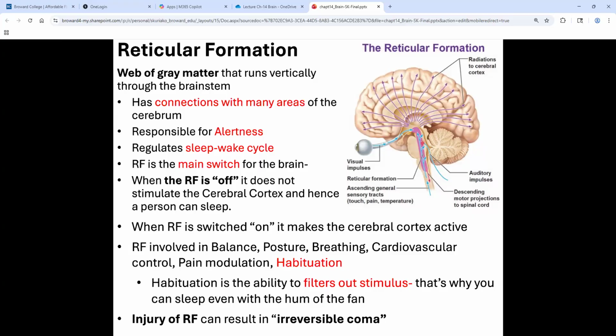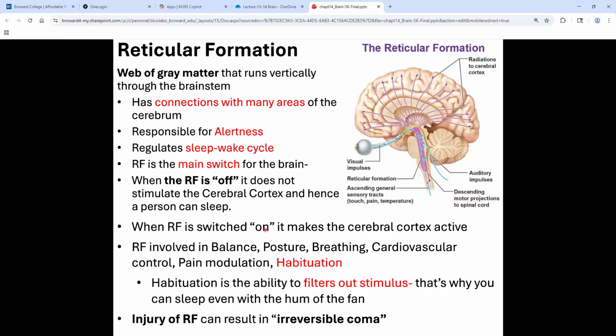You need it, right? So this main switch is the reticular formation. So when the main switch is off, the cortex, cerebral cortex, or this cerebrum is not stimulated and the person can sleep. When the switch is switched on, the cortex suddenly becomes active.